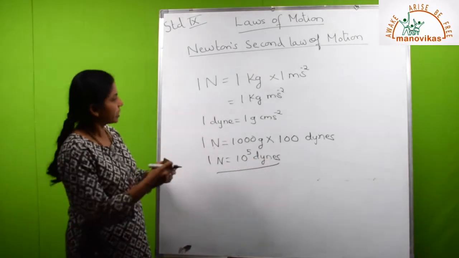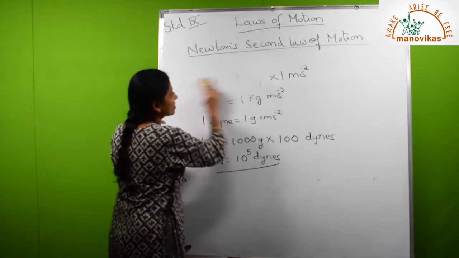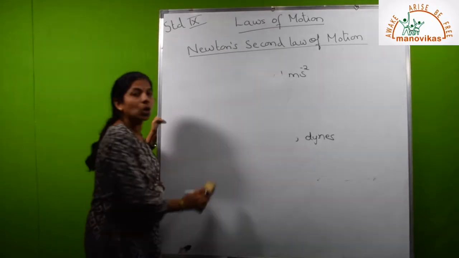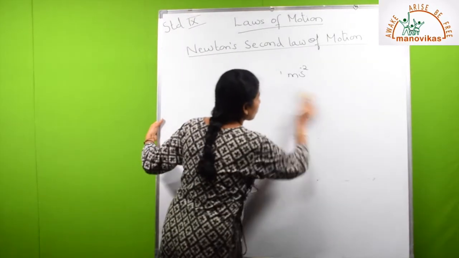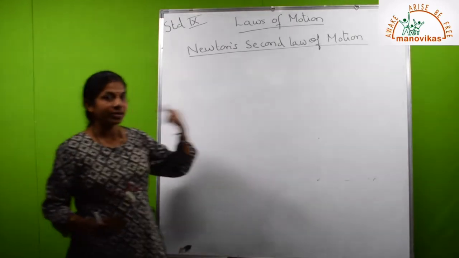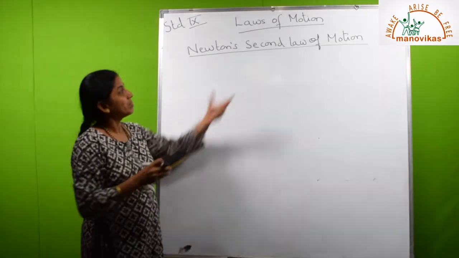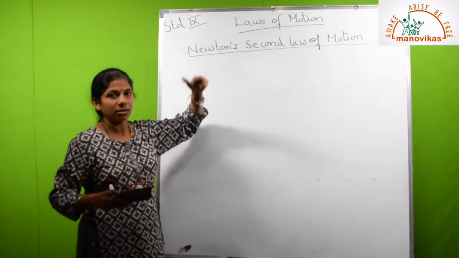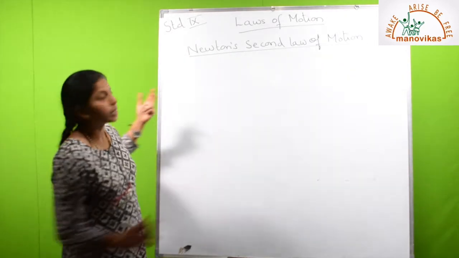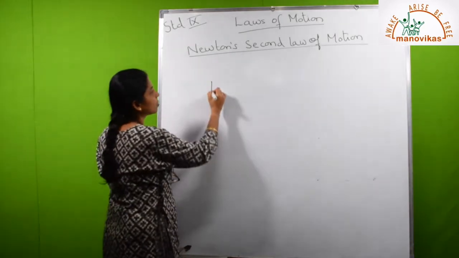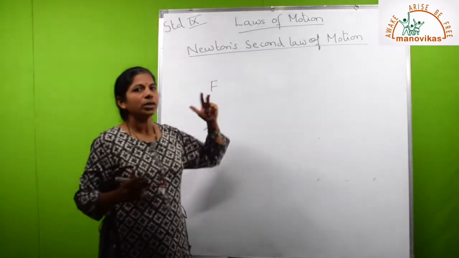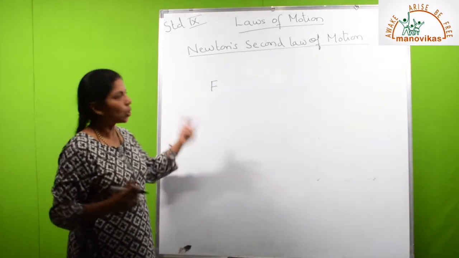Right? So next, I'm going to come to examples related to Newton's second law of motion. Before that, I will just tell you all that from the second law of motion you can derive the first law of motion. When force is applied, you find acceleration in the object.